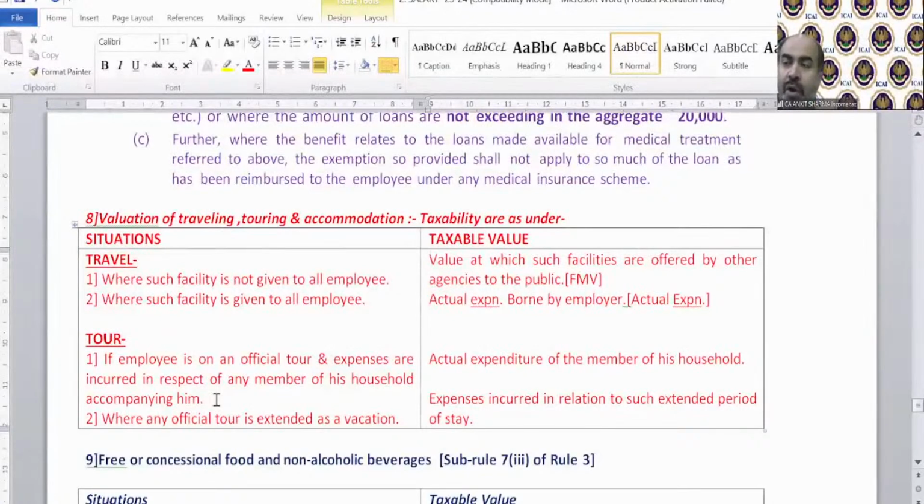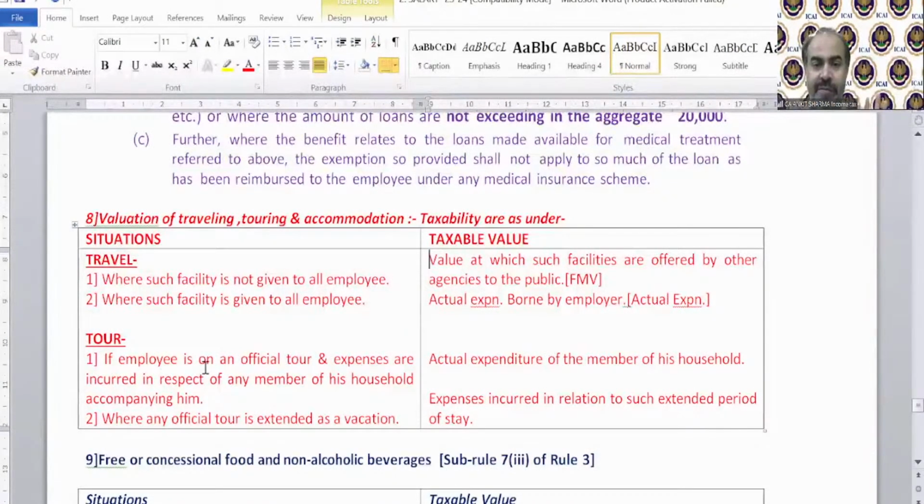For example, you are going for a 5-day official tour to Delhi, but you take one family member also with you, and the employer says yes, we will pay his expenditure also. In that case, that will be treated as personal expenditure of that family member. So whatever amount is spent by the employer on your family member is going to be treated as a perquisite.